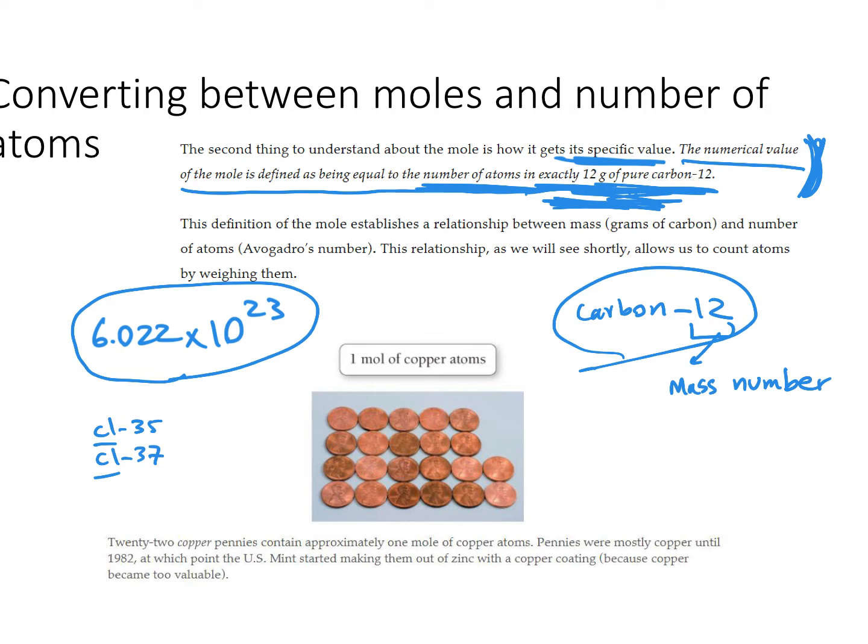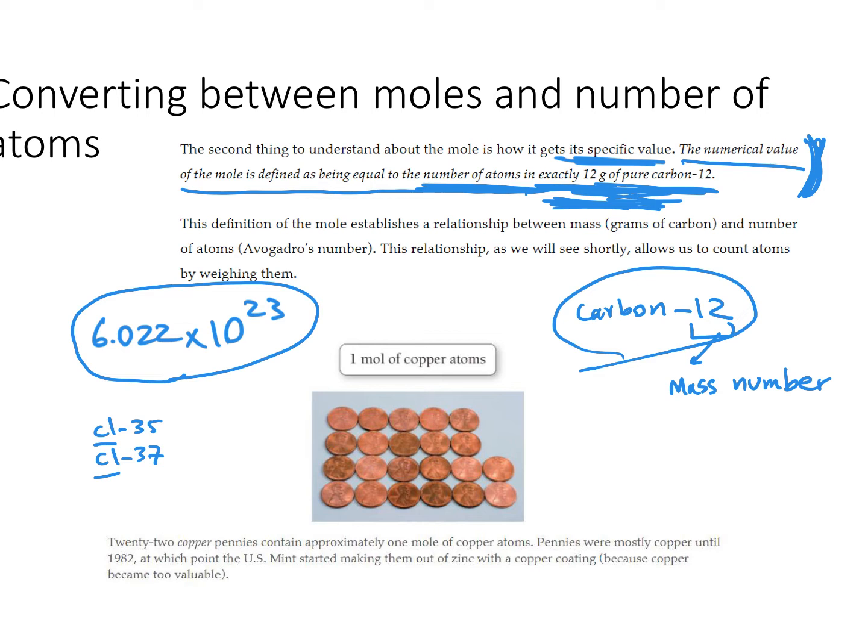And after that, we established a relationship between grams and moles and number of atoms or molecules or ions. So after that, we use that for other elements as well. But this is where the definition comes from. Does that make sense? Any questions?